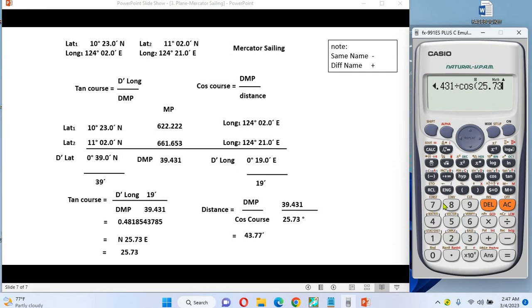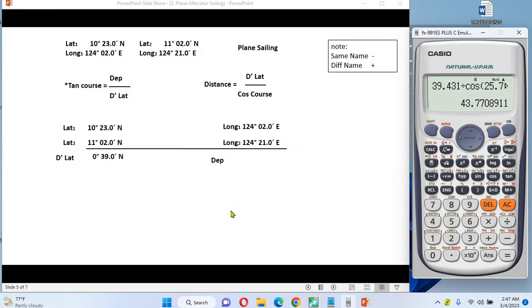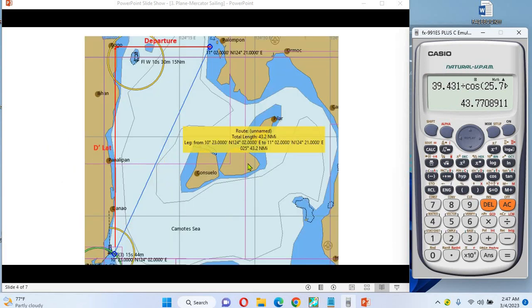Because this is a course, it should be in degrees, and then close parenthesis, and then equals, and boom, there you go, 43.77. So the distance is 43.77. All right, so take note, we will just take the whole numbers, 25 and 43, and go back to the question problem. There you go, 25 and 43, so almost the same.